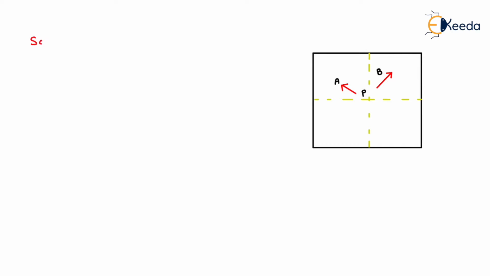Now we know that the formula of relief displacement is d equals R H upon capital H. For tower A, the given quantities are dA equals 1.5 centimeter and RA equals 4 centimeter.